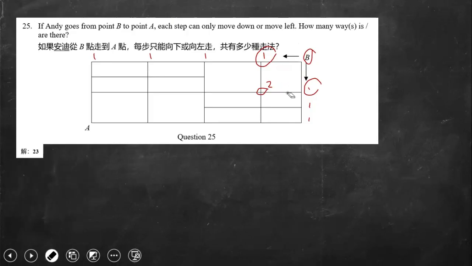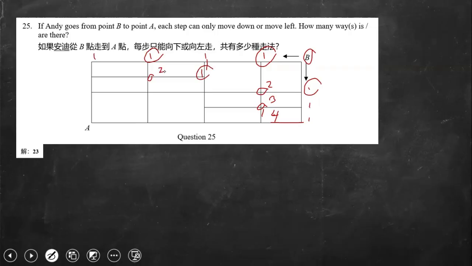Doing that, we keep doing that. We add 1 for this spot here. 2 plus 1. It's going to be 3. And then move here and here, we have 3 plus 1, which is 4. For the next one, we have one way to go here. So 1, 1. And then to get to this point, we add here and here.